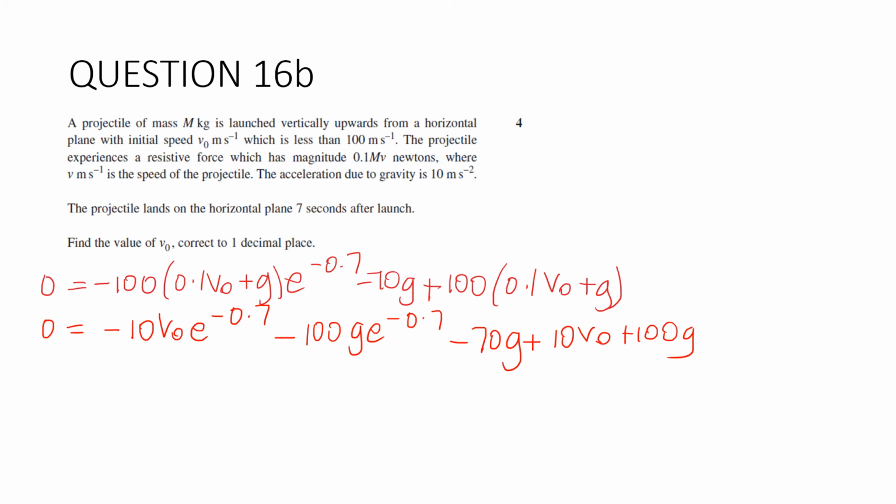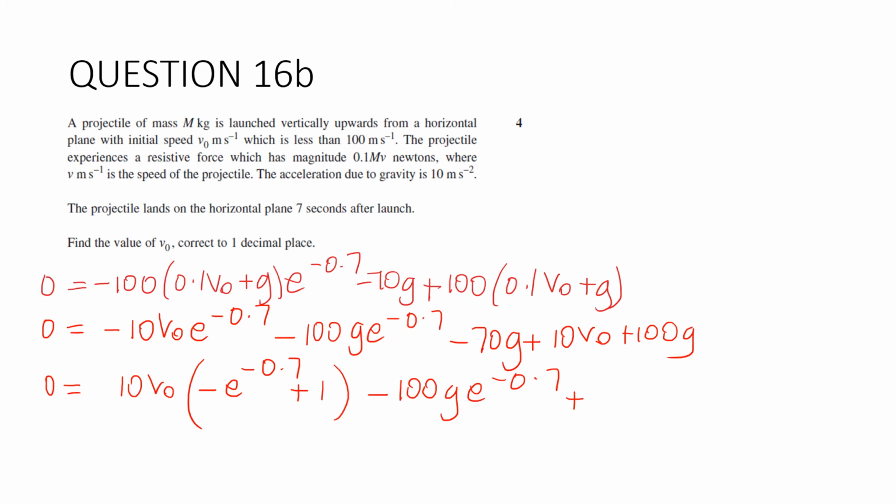Okay, let's collect those v naughts together. So we've got 10 v naught, and it will be negative e to the negative 0.7 plus 1, minus 100g e to the negative 0.7 minus 70g plus 100g plus 30g.